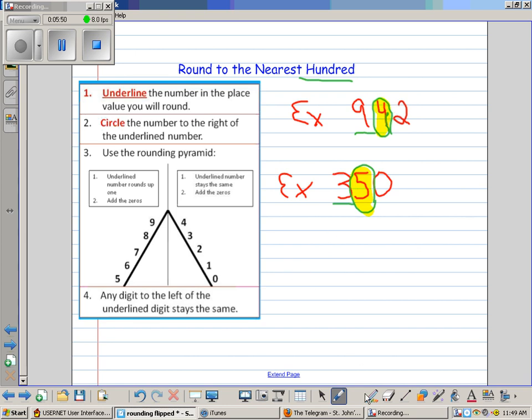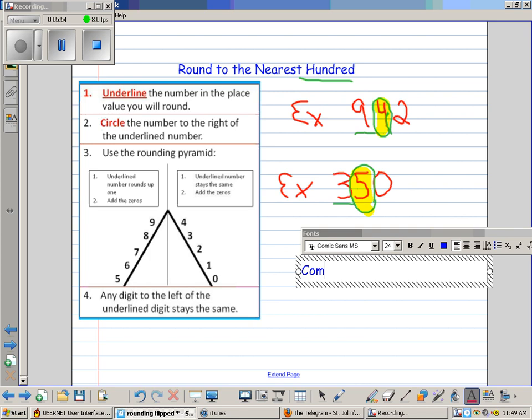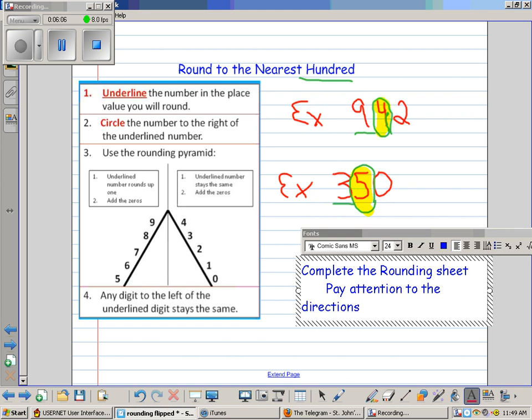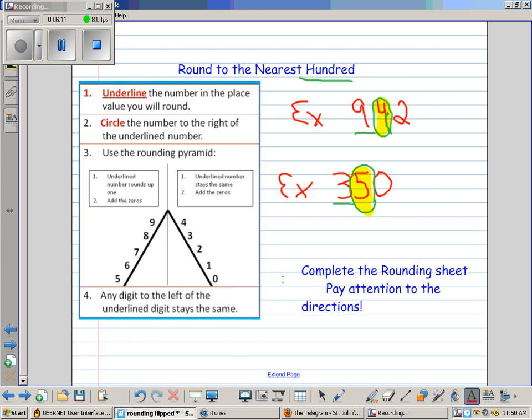Your instructions once you get that done: complete the rounding sheet. Pay attention to the directions, because that's telling you what to do. That is it. So tomorrow morning, we're going to check those rounding just to see if anyone had any major problems. Thank you.